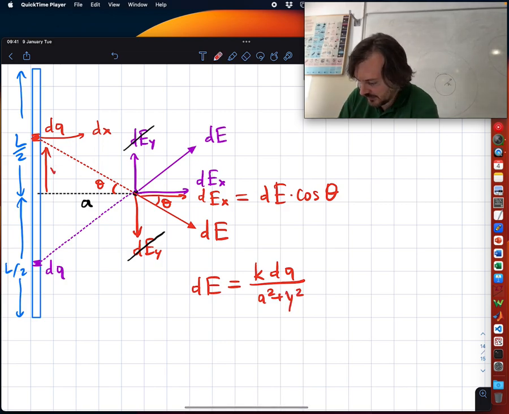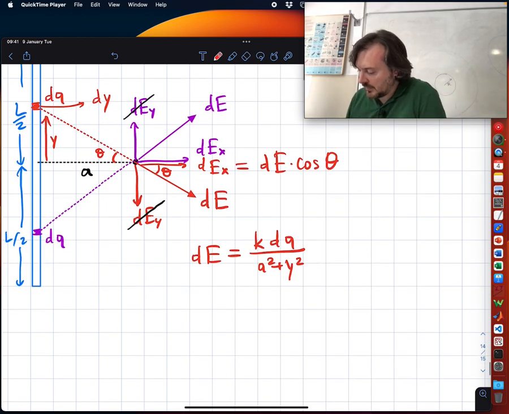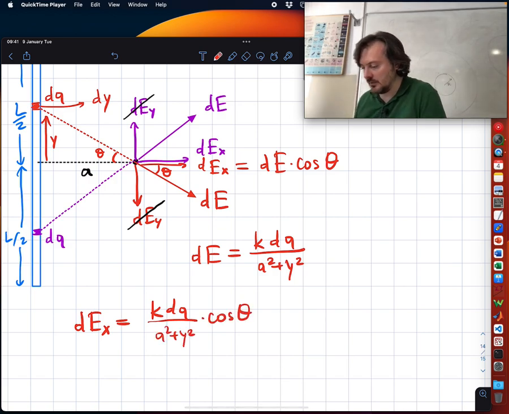Because it's y, right? I was writing x anyways. All right? So I'm wondering what's going to be dEx, which is k dq over a squared plus y squared times cosine theta.